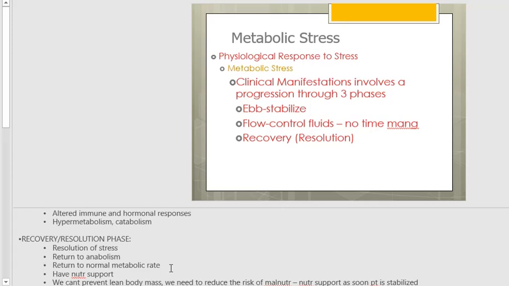You can also monitor things. That's why the nutrition-focused physical exam, the physical portion of it, is so important now, so that in addition to just looking at calories, in addition to looking at weight overall, we are looking at fat stores and muscle stores in those patients. And that's been the problem. That's why we have such a difficult time estimating these needs for patients that are undergoing metabolic stress.